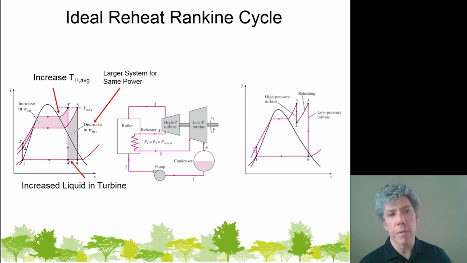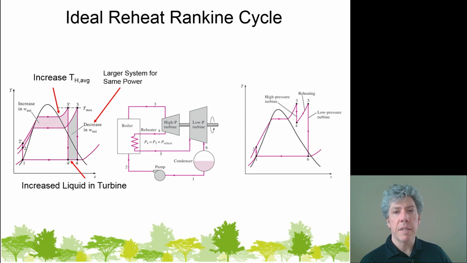Now let's jump over to the TS diagram on the right hand side and see how this works. So we're going to go from state 3 to state 4 in that right hand side diagram. State 4 now is after the high pressure turbine, and rather than sending this steam to the condenser, let's borrow an idea from the Stirling cycle. Let's use a regenerator.